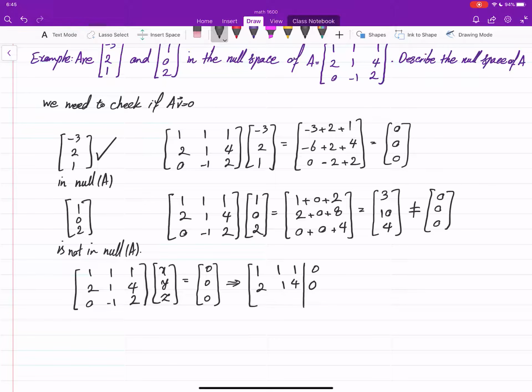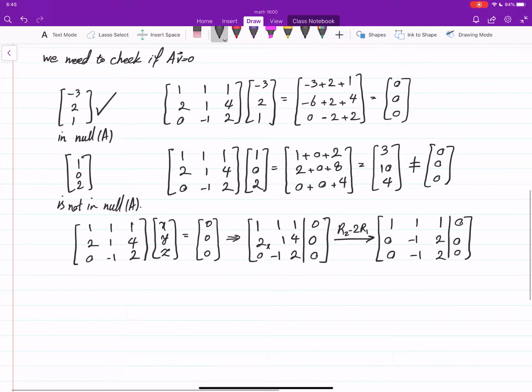To get rid of the 2, we do R2 minus 2R1, which gives us 0, -1, 2, 0. The rest stays the same. Then we get rid of that entry by doing row 3 minus row 2, which will give us 0, 0, 0, 0.